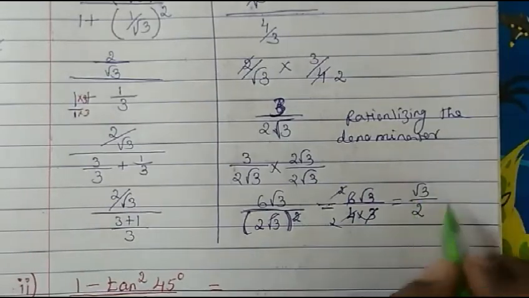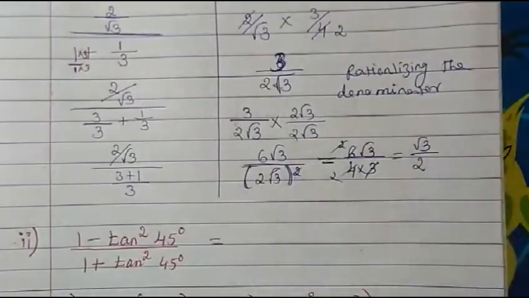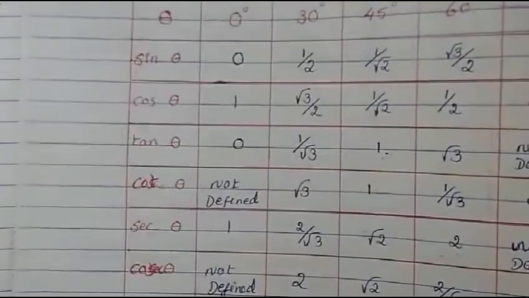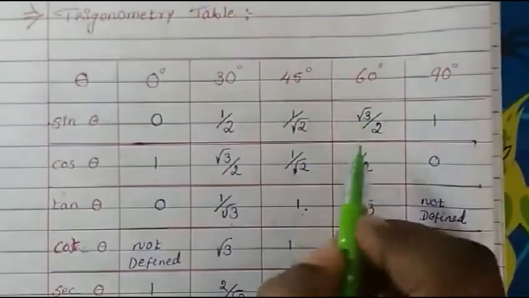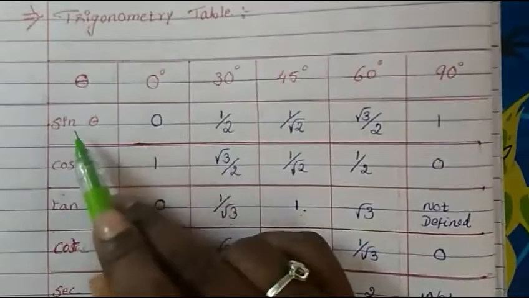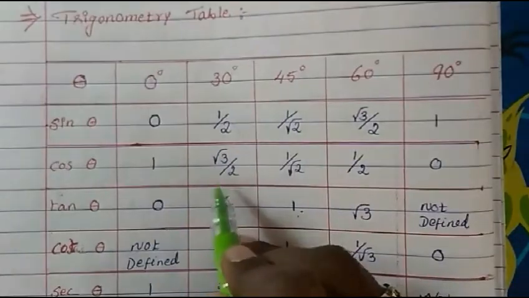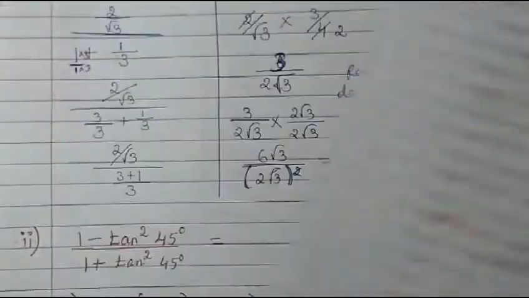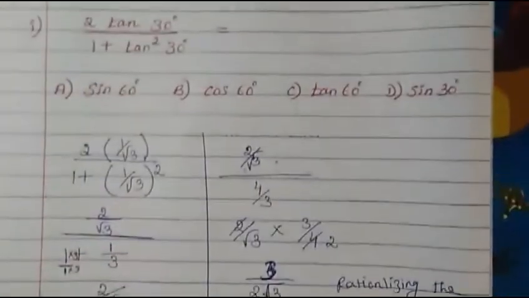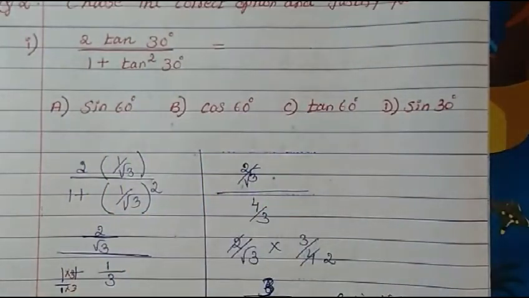So let's see now. Is there option like this anywhere here? No option. So let's see now this comes in which value in trigonometry table? Root 3 upon 2. So we have root 3 upon 2. Root 3 upon 2 is sine 60. Root 3 upon 2 is cos 30. Let's see what are the options we have here. Sine 60 is there, but cos 30 is not there.